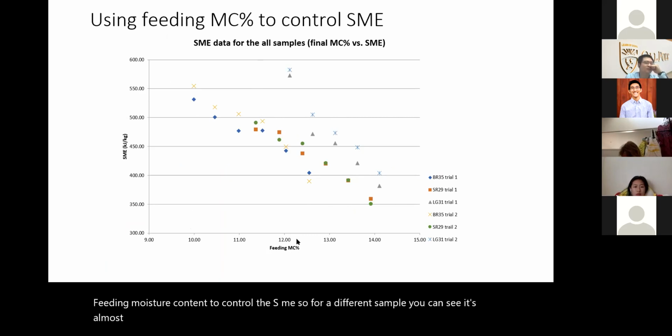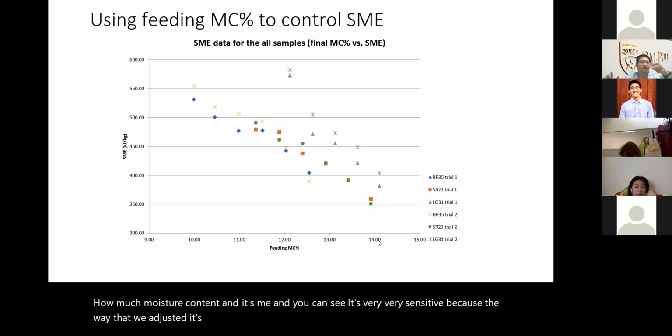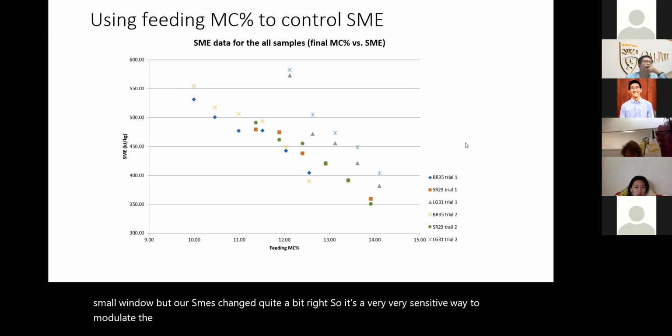And you can see it's very sensitive, because the way that we adjusted it was really just from 10% to 14%. So the feeding moisture window is a very small window, but our SME changed quite a bit, right? So it's a very, very sensitive way to modulate the specific mechanical energy. Okay.